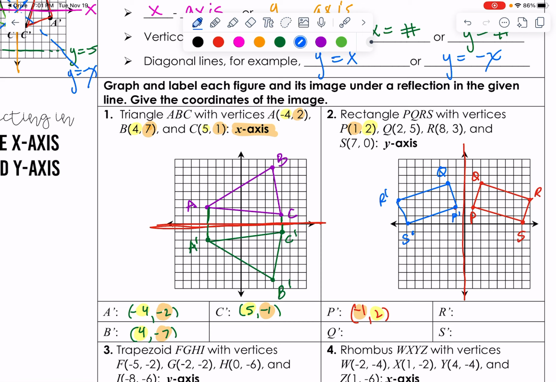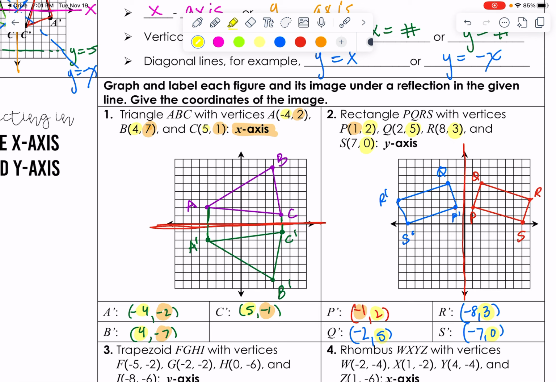So R becomes -8, 3. Then S prime is -7, 0 and Q prime is -2, 5. Again, what changes is the x-coordinates, because the y's all stayed the same.